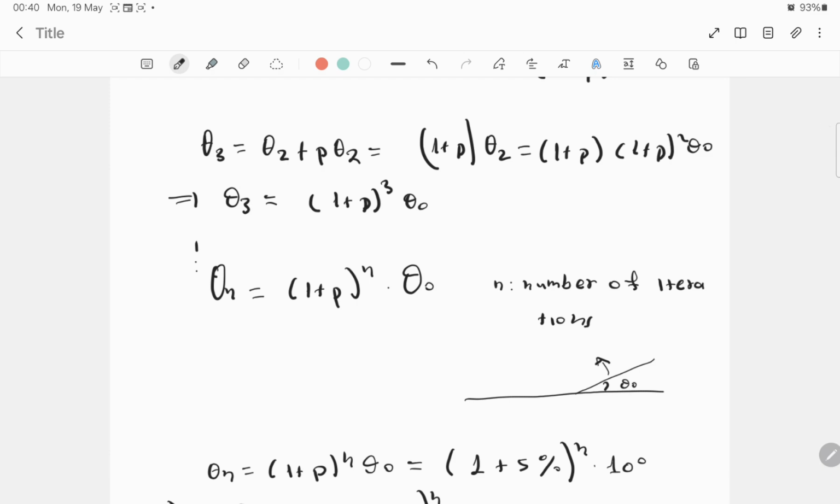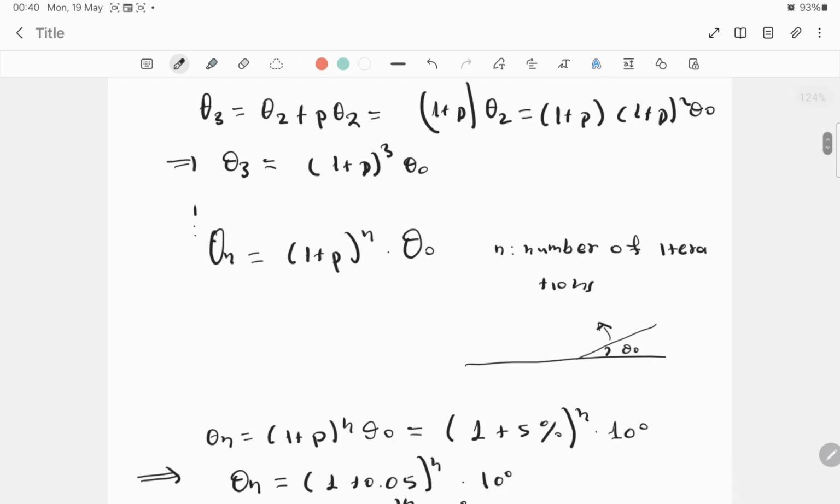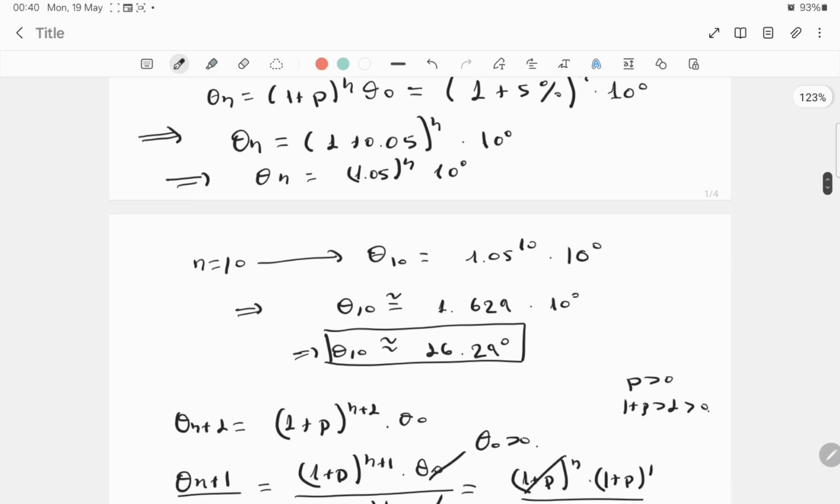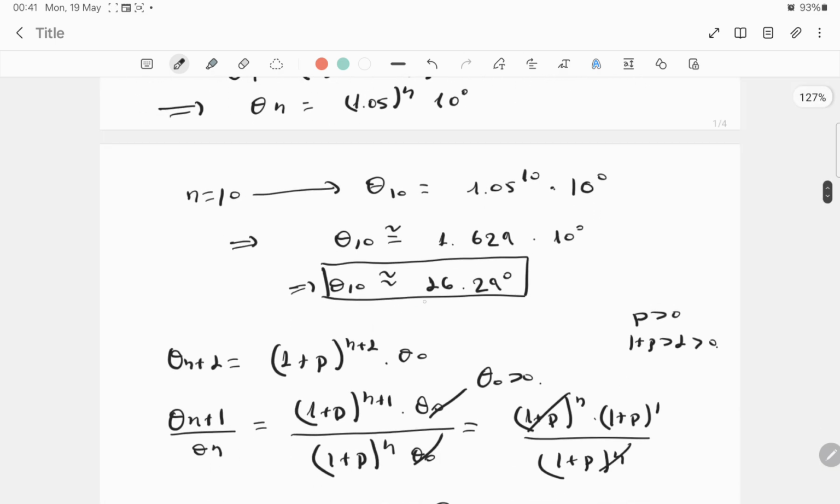You have an angle theta naught, you go counterclockwise, you increase it each time by some percentage p, and you want to find the value after some number of iterations. So if n equals 10, as in the case here, after 10 iterations, increasing the angle by 5% each time, where the initial angle is 10 degrees, then theta after 10 iterations becomes 16.29 degrees.